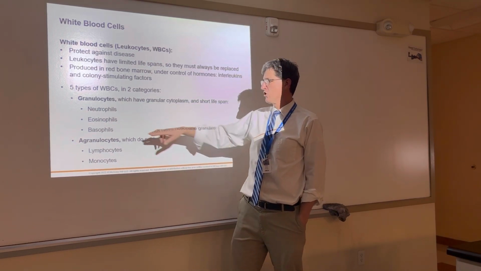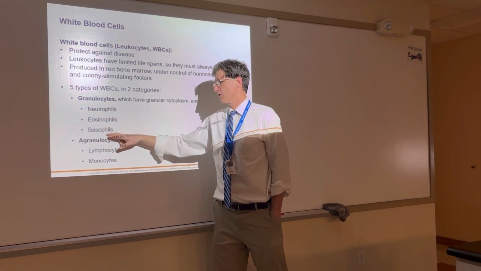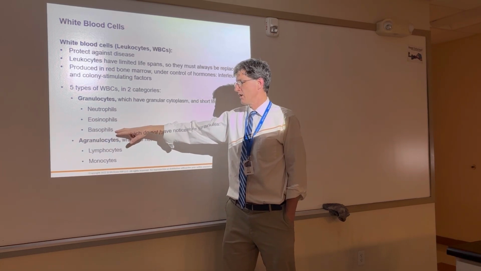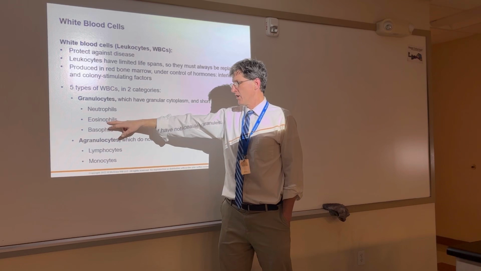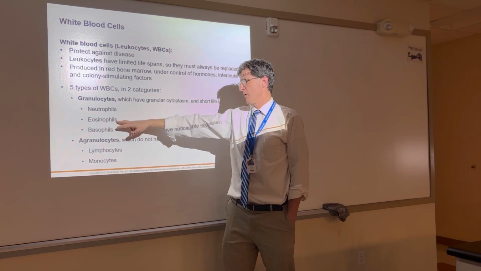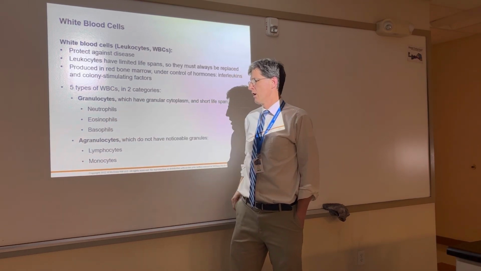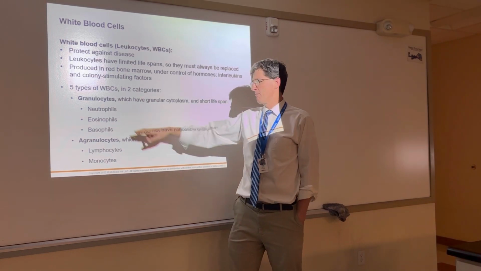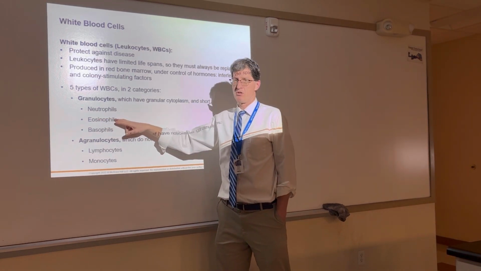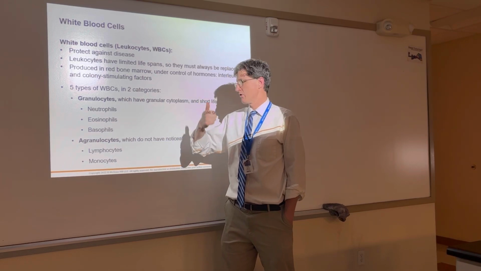Basophils are involved in inflammation mostly. All of them are a little bit, but basophils do a lot. Eosinophils are involved in inflammation, but especially in parasitic infections. When people get an intestinal parasite, their eosinophil count goes up a lot.